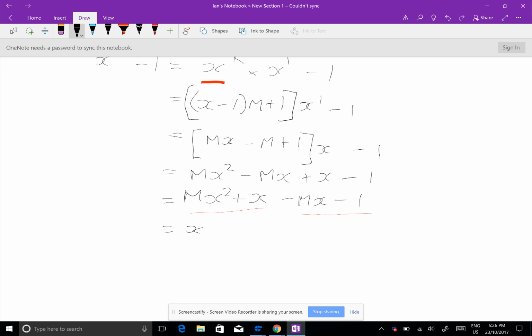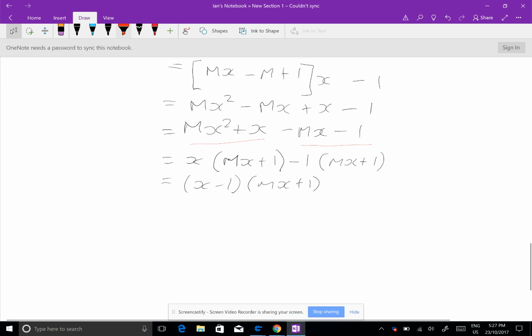So if I take x out, I get mx plus 1. If I take minus 1 out, I get mx plus 1. And that gives me x minus 1 times mx plus 1. So there's my x minus 1, which is what I'm trying to prove it's divisible by.